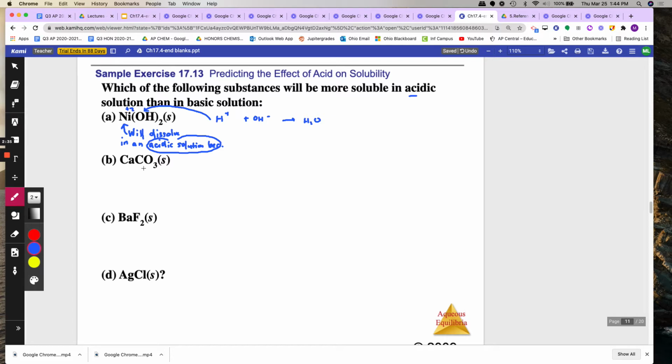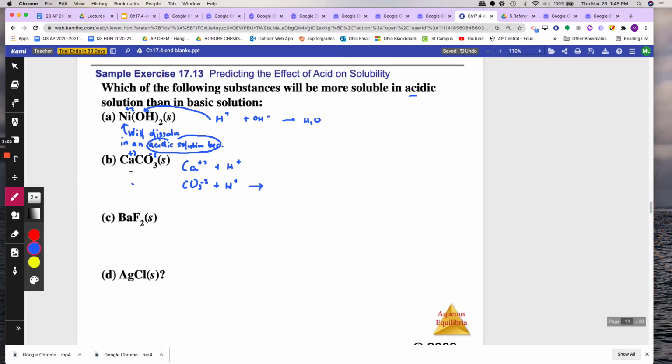Okay, calcium carbonate. Well, I have two ions here, plus 2 and minus 2. If I add Ca plus 2 in an acidic solution, nothing will happen. They're both positive. If I add the other ion, CO3 minus 2, in an acidic solution, what would happen?